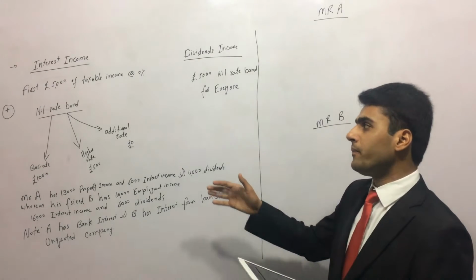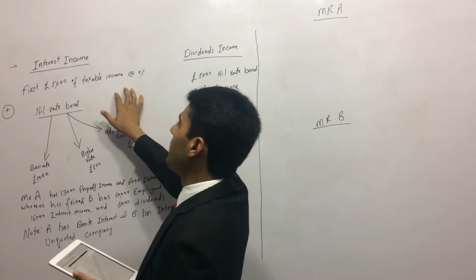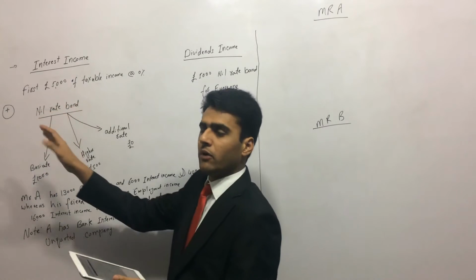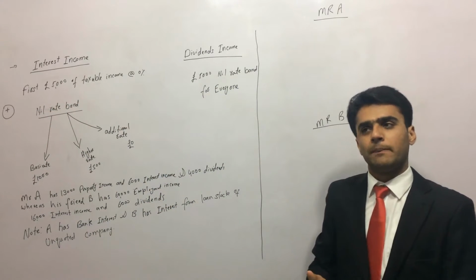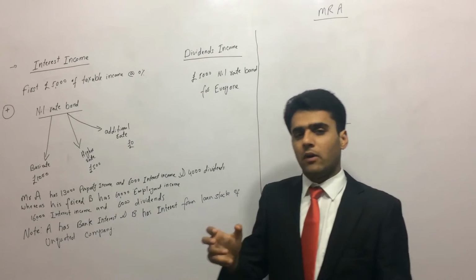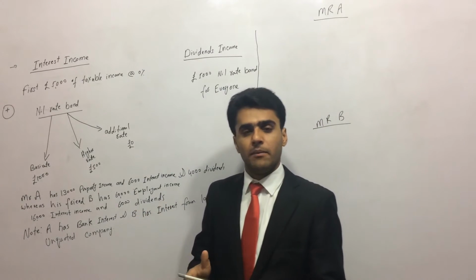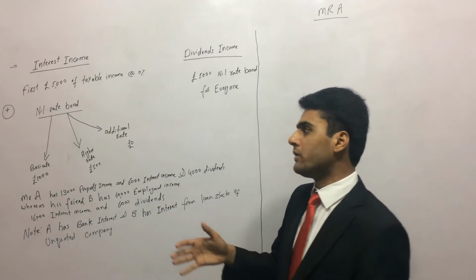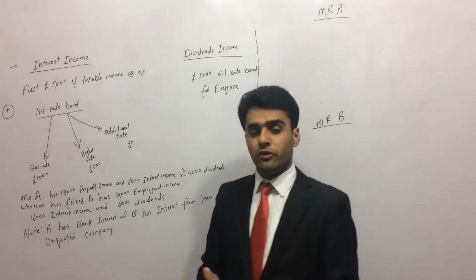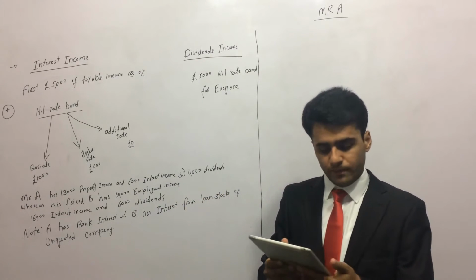Now look at the board. It says interest income, first £5,000 of taxable income of interest income. If it falls within the £5,000, then it will be 0%. Say, for example, you had less non-savings income and more savings income, and that savings income falls within the first £5,000, then that first £5,000 will be subject to 0% rate, and that is the starting rate band, just the way I've shown you on the notes.